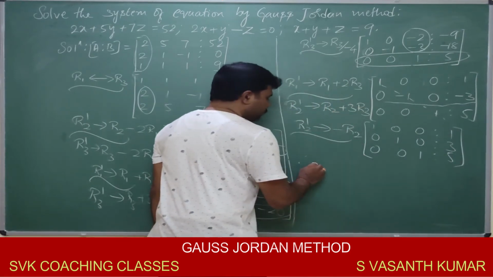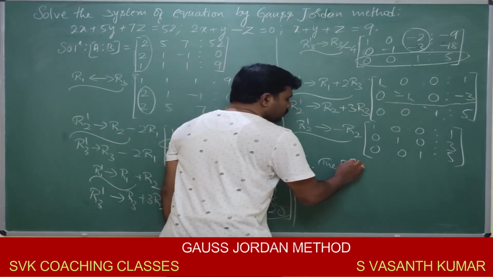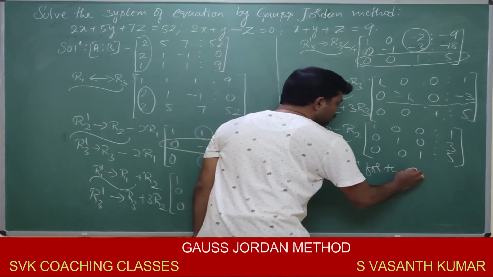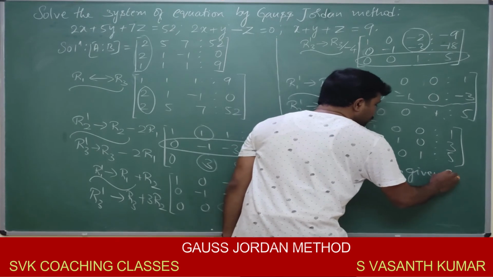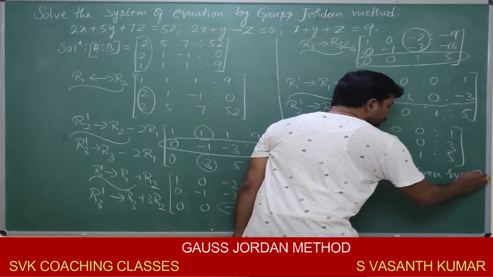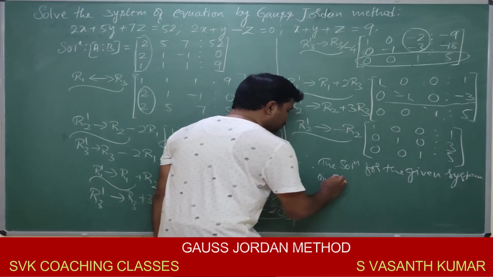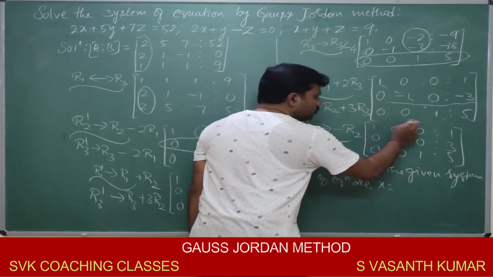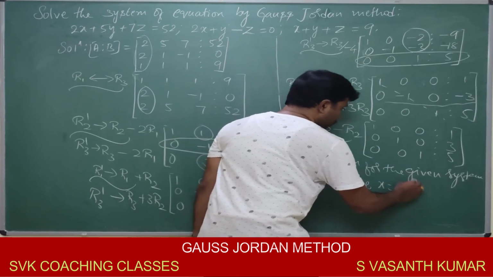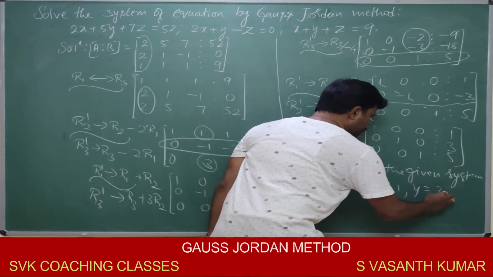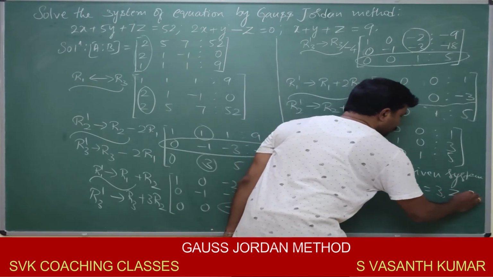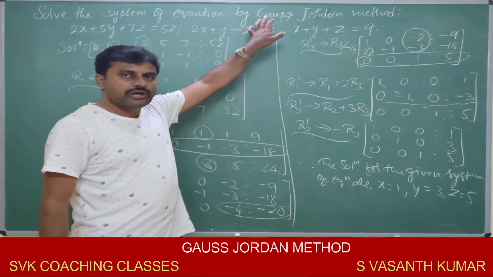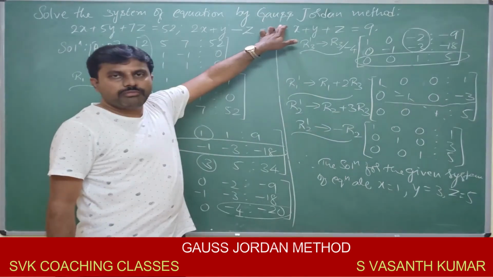Therefore the solution for the given system of equations is x equal to 1, y equal to 3, z equal to 5. This is the way to find the solution of a system of equations using the Gauss-Jordan method.